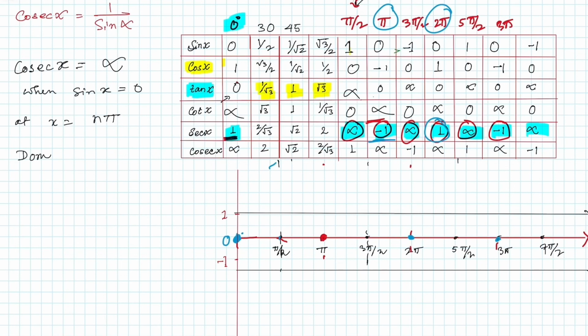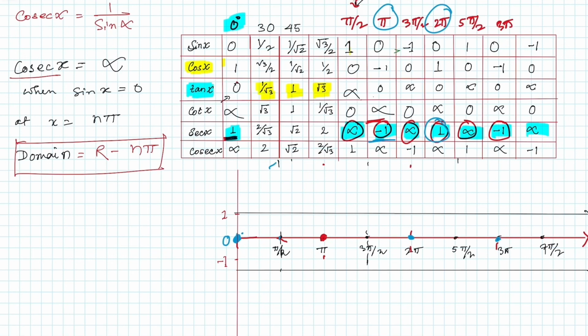So here the domain of cosec x will be R minus n pi. This is the domain of cosec x.